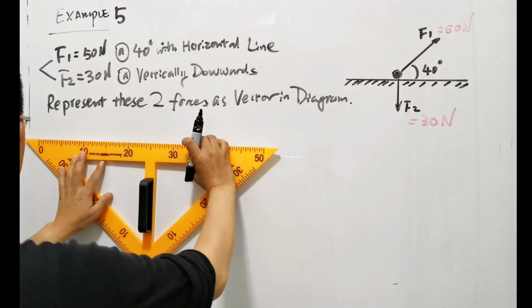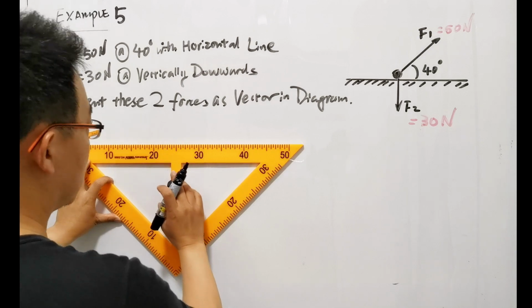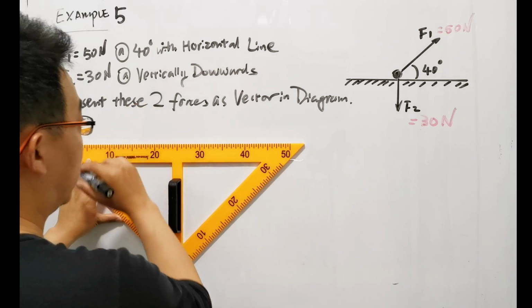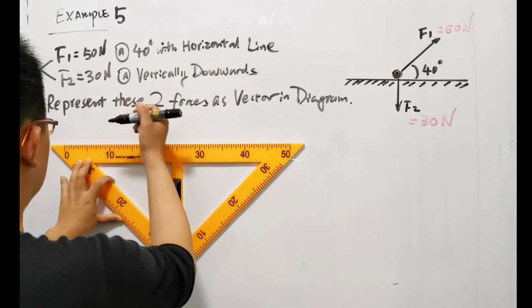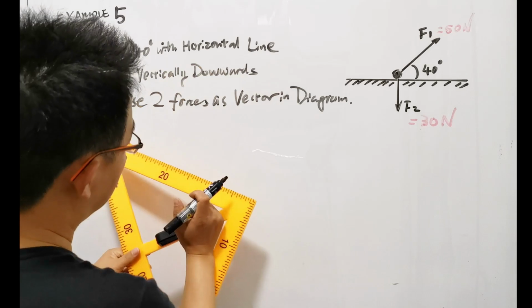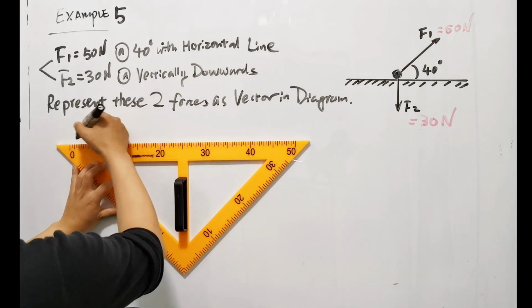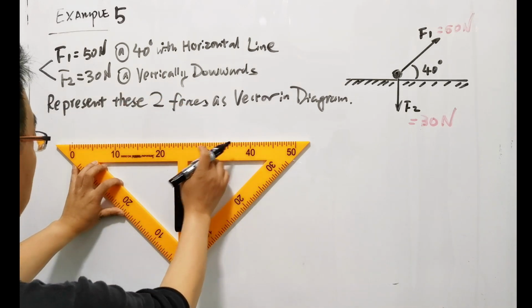We assume 1 cm. From here we see how much. Here we will write it this way: 1, 2, 3, 4, 30.